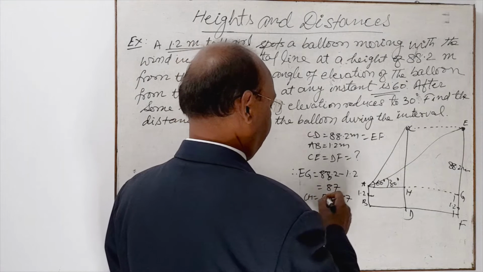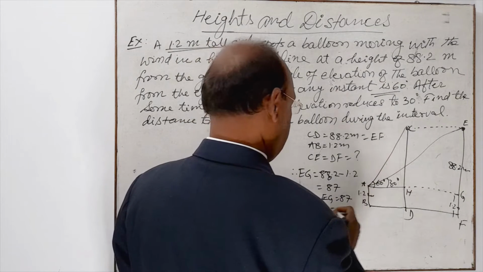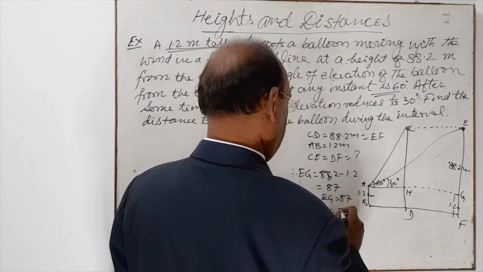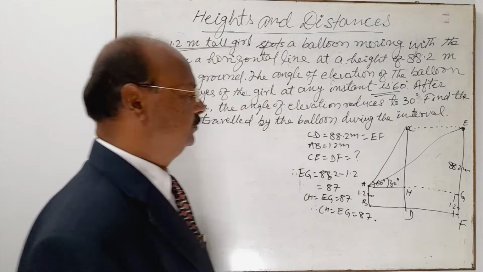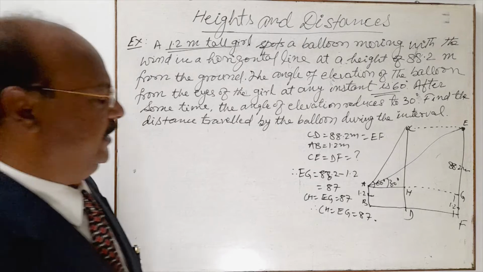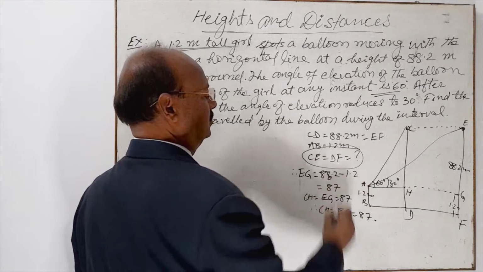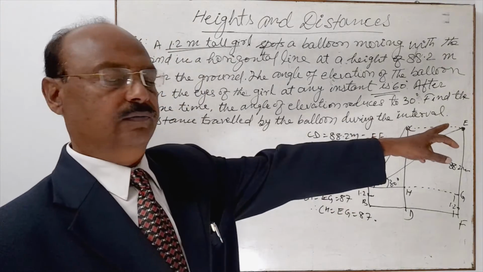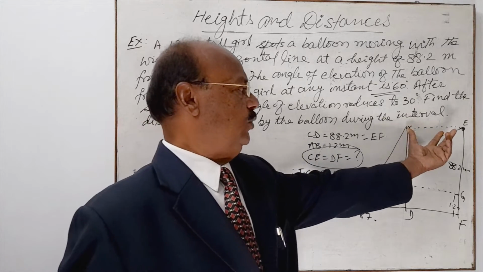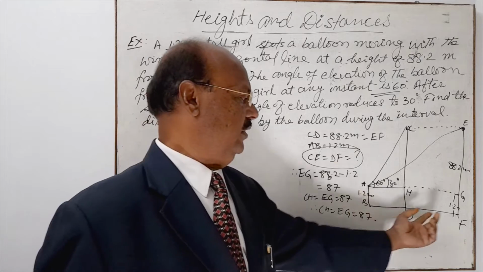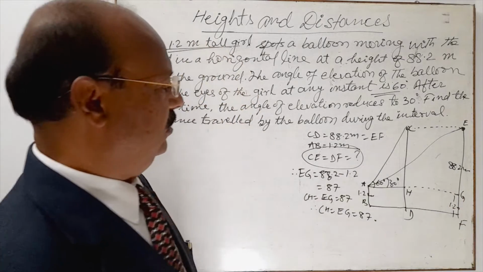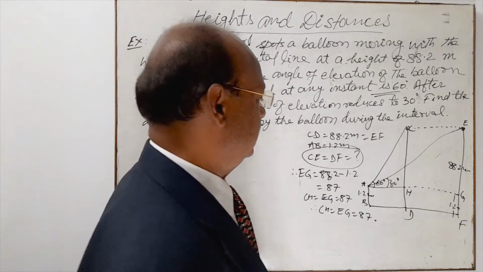Therefore CH is also equal to EG, equal to 87. So now let us try to find out CE, the distance between two positions of this balloon, which is equal to DF.